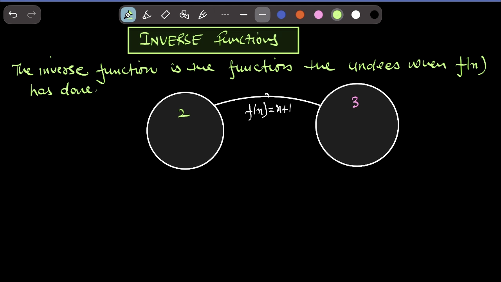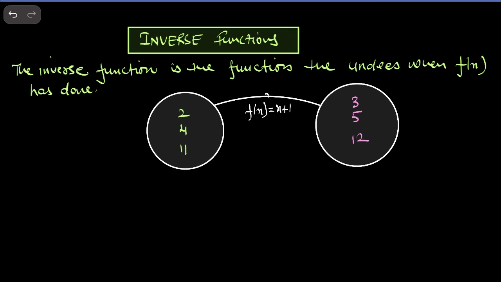If I write the input value as 4, you will say the output value is going to be 4 plus 1, that is 5. If I say the input value is 11, the output value is going to become 12, right? So what f of x has done, it has increased the value of x by 1.